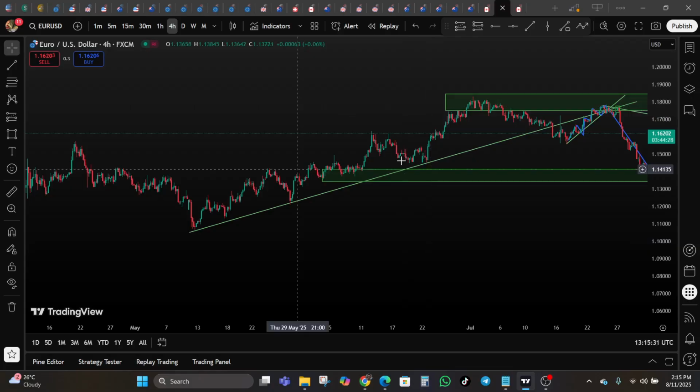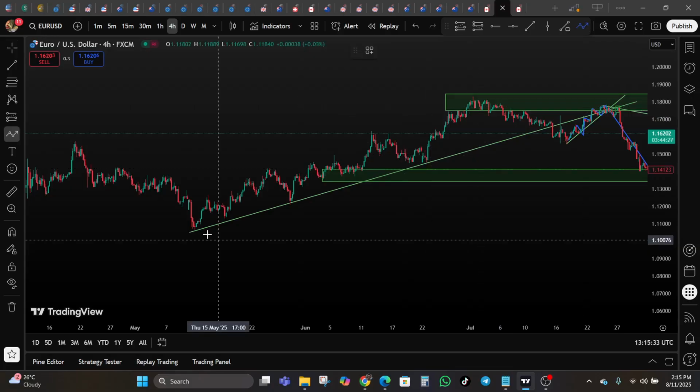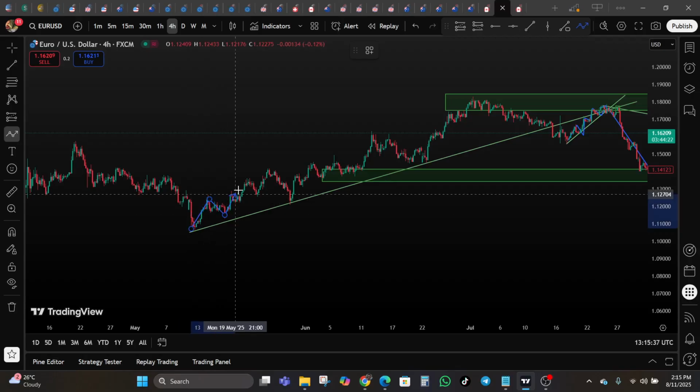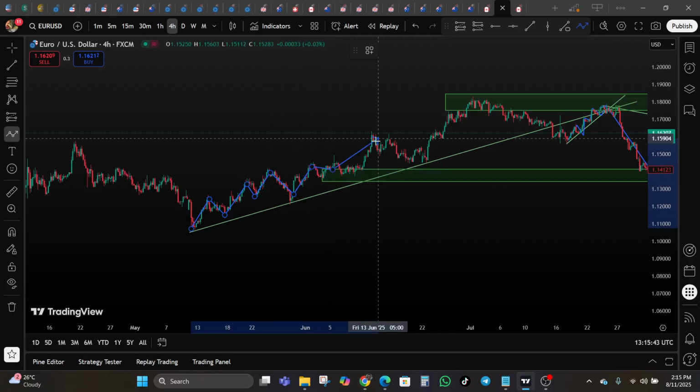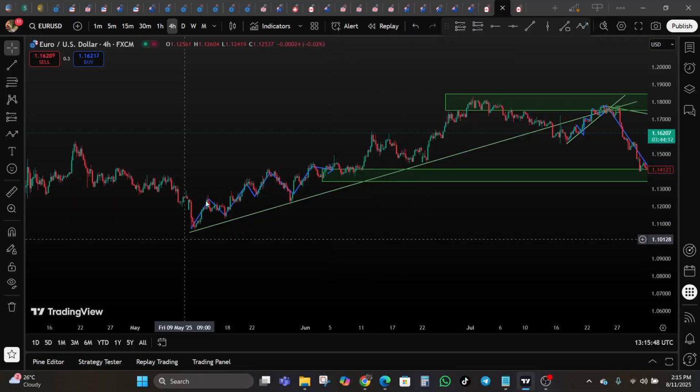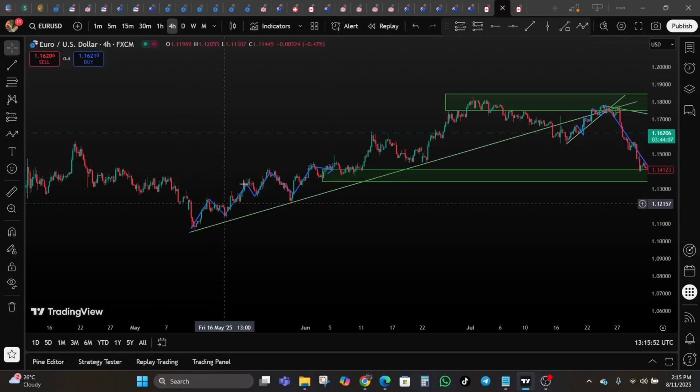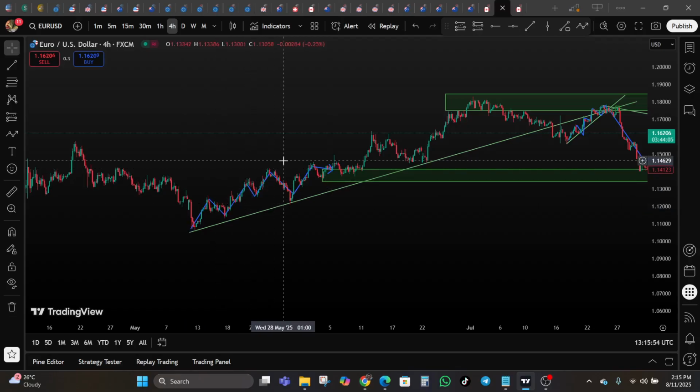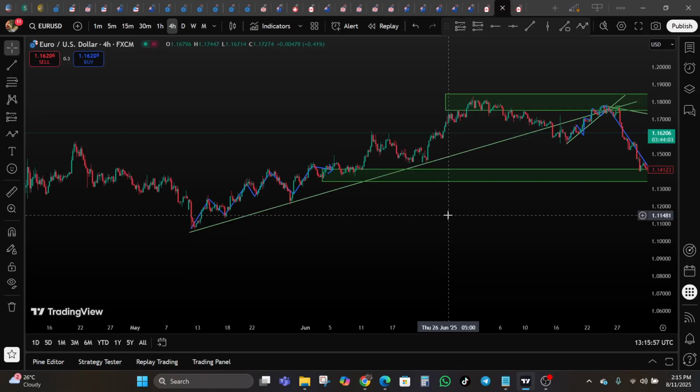For example, this is a bullish trend, right? And just like I said before, price does not move in a straight line. So you're going to be seeing impulsive moves, corrections, and all of that, right? So basically, when you find a strong impulsive move and a weak pullback, strong impulsive move again, weak pullback, and so on and so forth, it shows a healthy trend. Weak moves with deep retracements might signal a possible reversal.